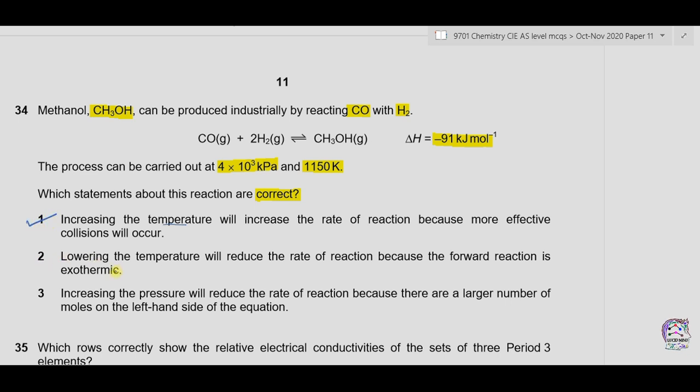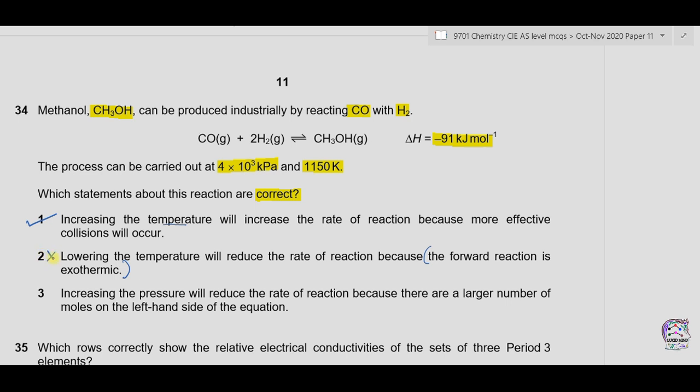Option 2. Lowering the temperature will reduce the rate of reaction because the forward reaction is exothermic. Now lowering the temperature does reduce the rate of reaction, but this reason given is incorrect. If the forward reaction is exothermic, the lowering temperature will shift the equilibrium in the forward direction. It will also reduce the rate of chemical reaction.